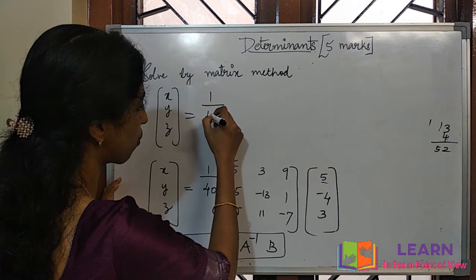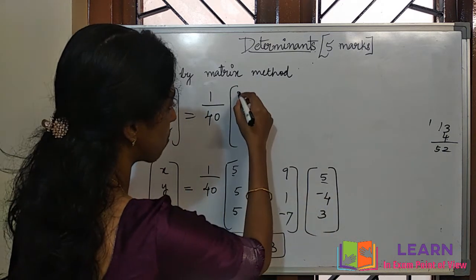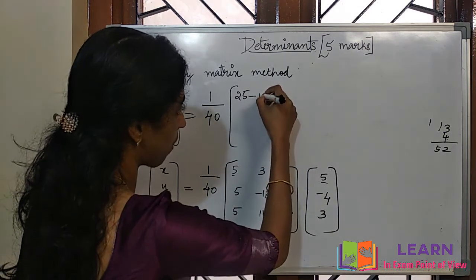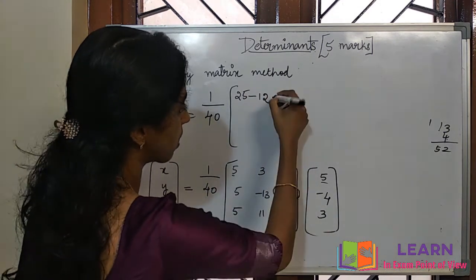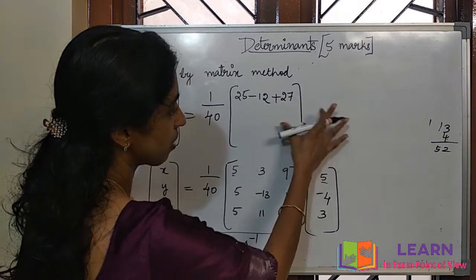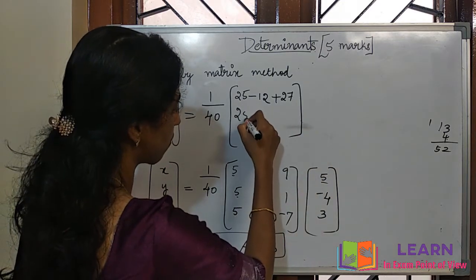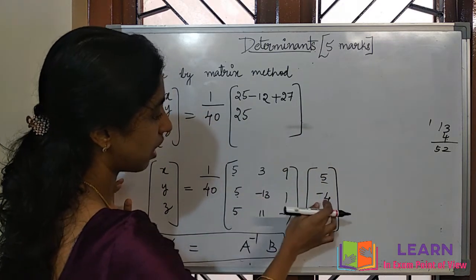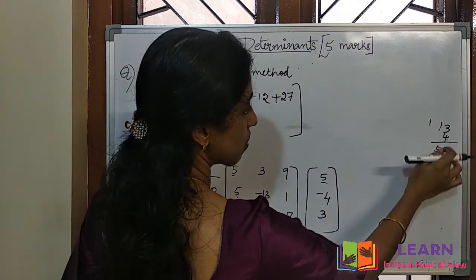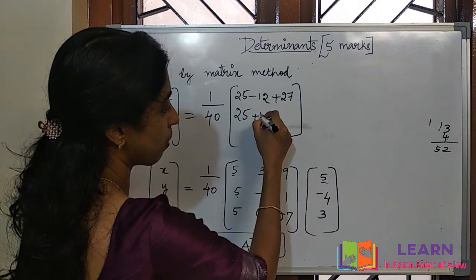So 1 by 40 you keep there itself. 5 into 5 we have 25. Here 3 into 4 is -12. Then 9 into 3 is plus 27. Then the next row. 5 into 5 again is 25. 13 into 4 is 52, correct. Then -13 into -4, it's plus 52 will come.